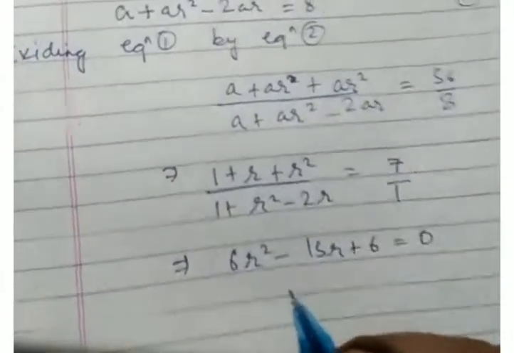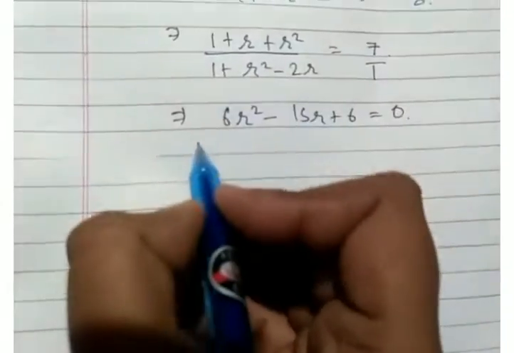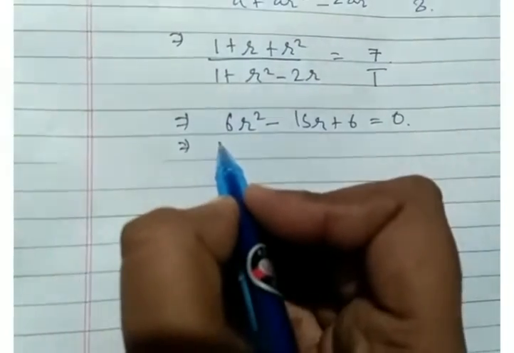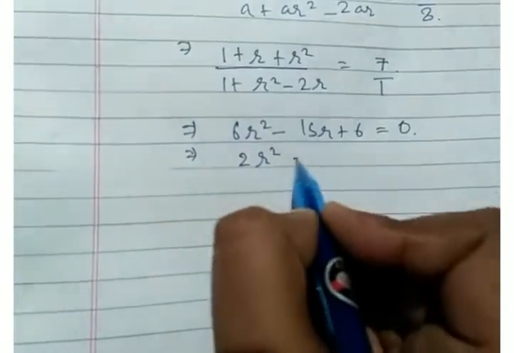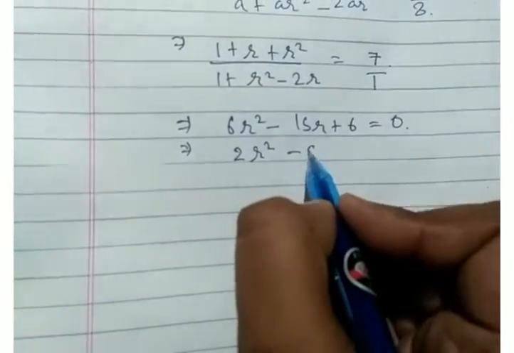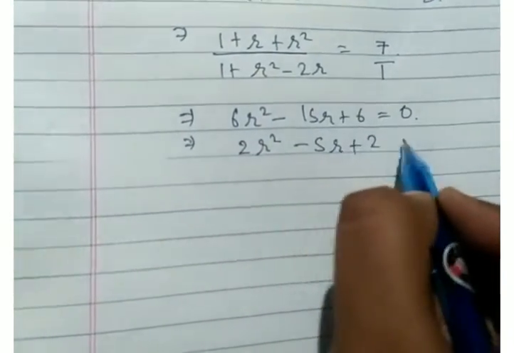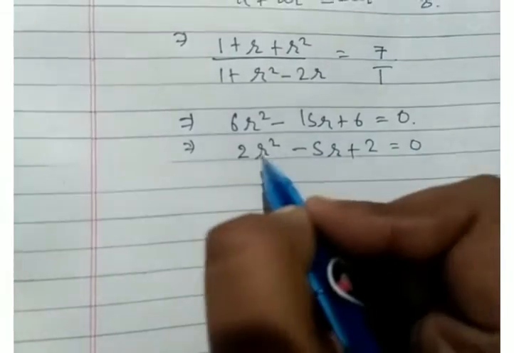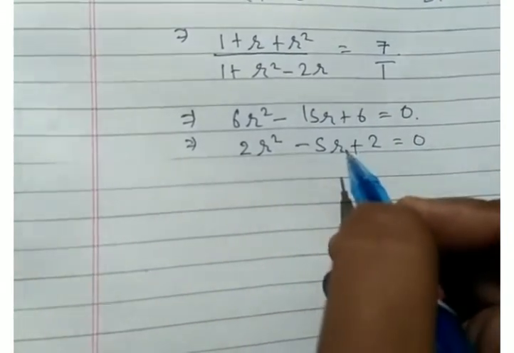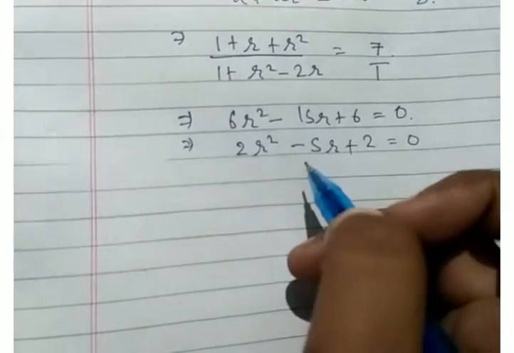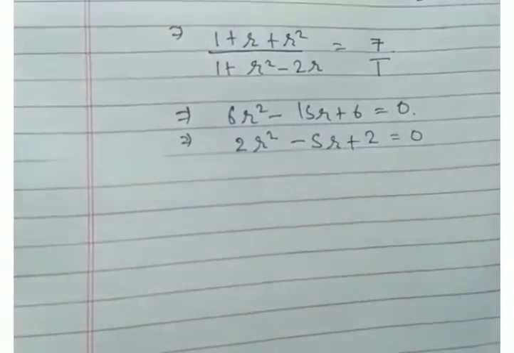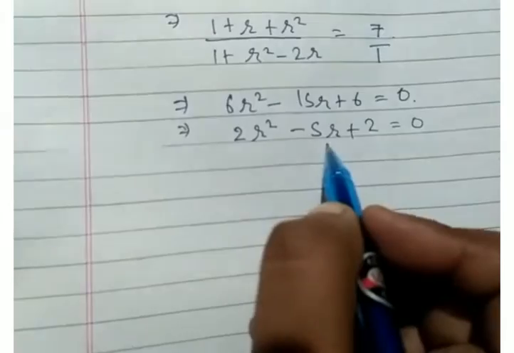In this equation we have 3 as common, so we can take 3 common and then simplify. We will have 2R square minus 5R plus 2 equals 0. Now we have a quadratic equation and we have studied many methods to solve this. We can factorize it by simply splitting the middle term, that is 5R.